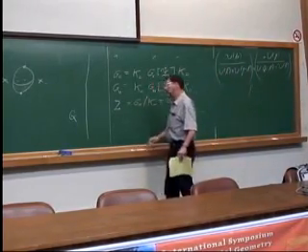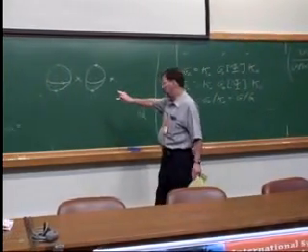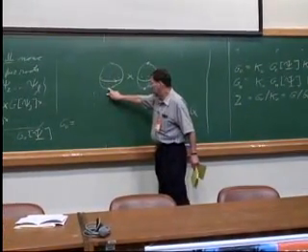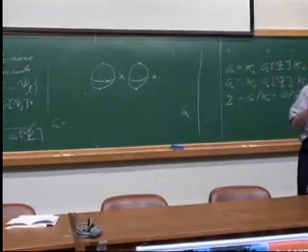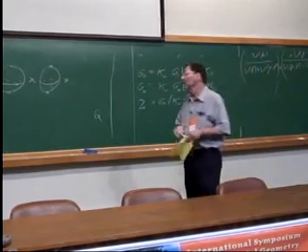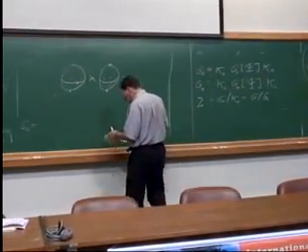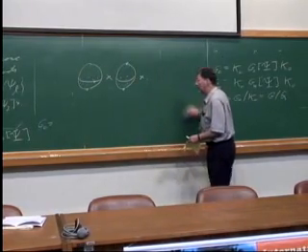Now, what happens more generally? There's no way this could work, because you won't have a point here. You'll have that maximal compact subvariety. So things are going to get a little bit more complicated.